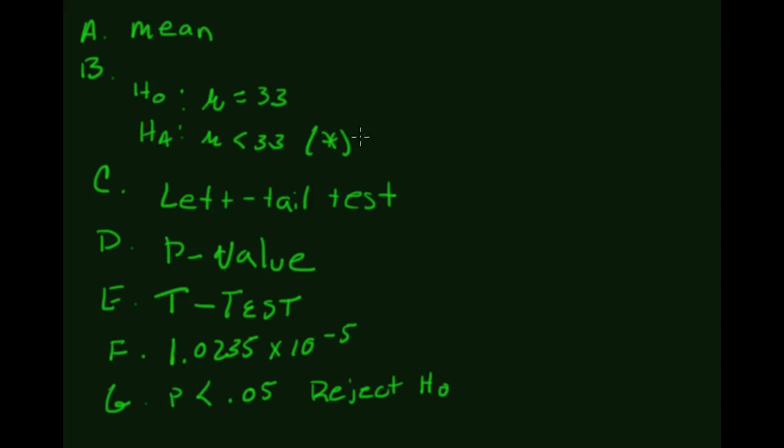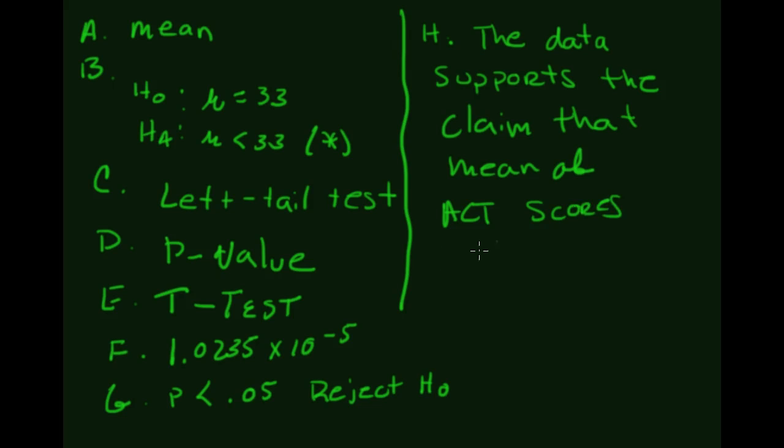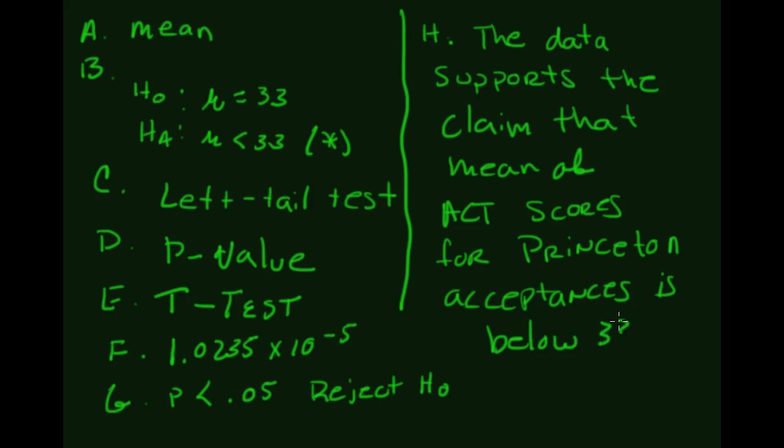But remember, the alternate is our claim, so the claim stands here, so the data supports the claim that the mean of ACT scores for Princeton acceptances is below 33.